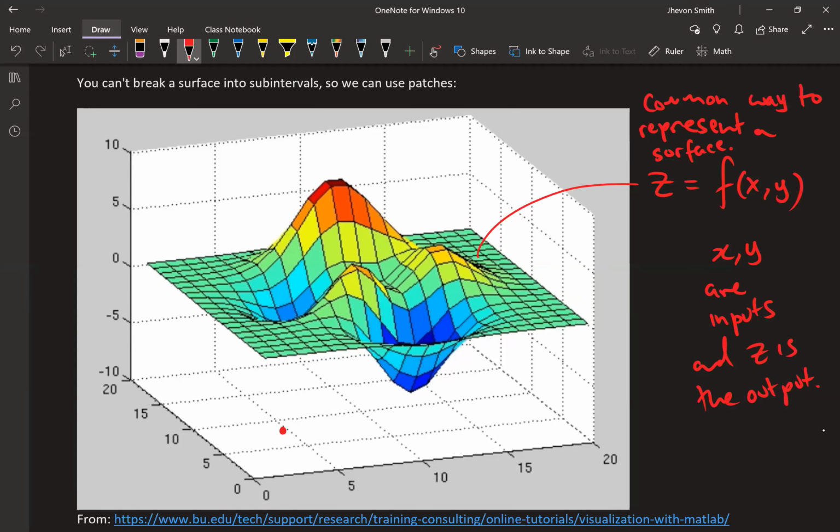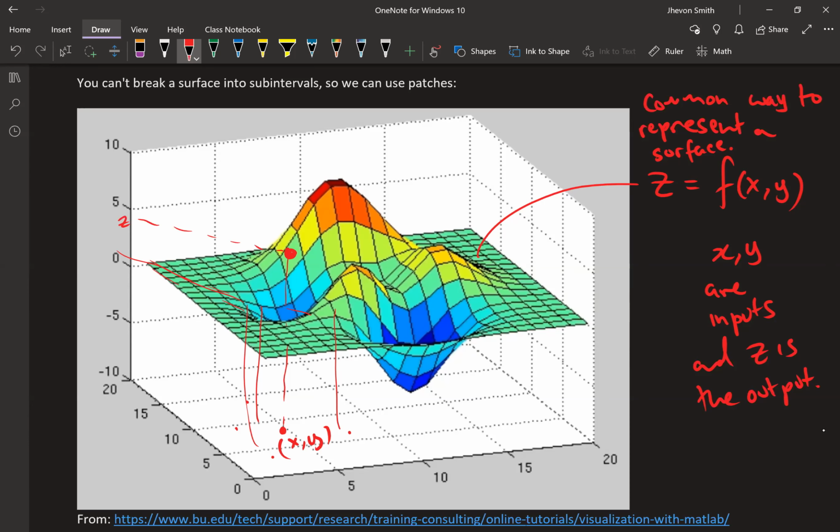So I could have a coordinate x comma y in the xy plane. I plug it into my function, it's going to output some value, some z coordinate, z. And so that's one point. And I can plug in a bunch of points and do this for a bunch of different points. And they will all give me z values. And then I'll be able to actually plot out all these points in space and create something.